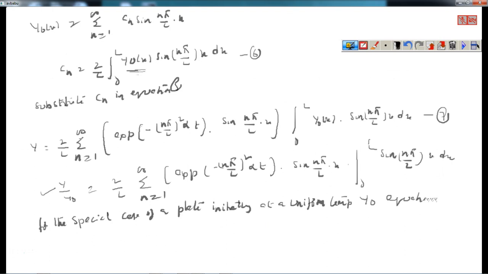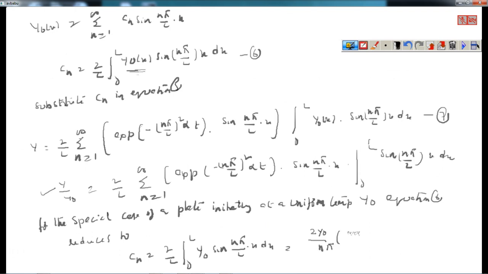Equation 6 reduces to Cn is equal to 2 by L integral 0 to L y0 sin n pi by L into x dx, that is equal to 2 into y0 divided by n pi into 1 minus cos n pi.